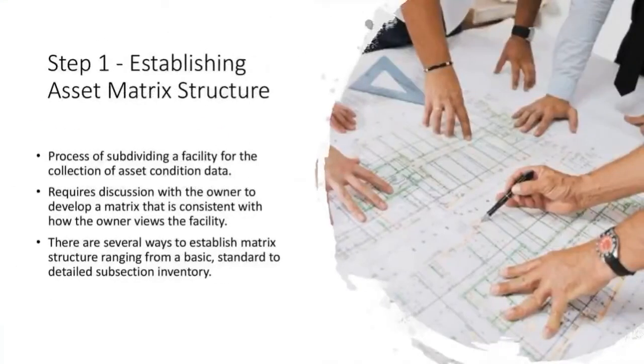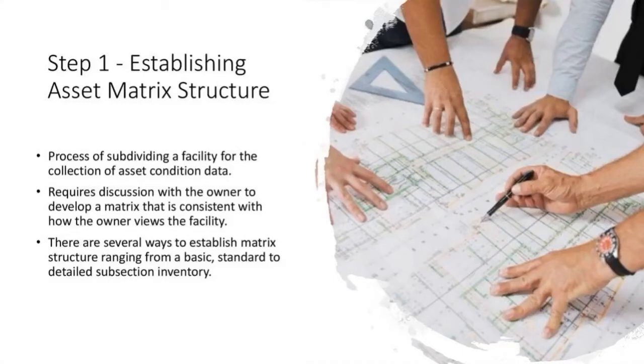So step one, establishing the asset matrix structure. It's basically a process of subdividing the facility into a component type level for collection of asset condition data.